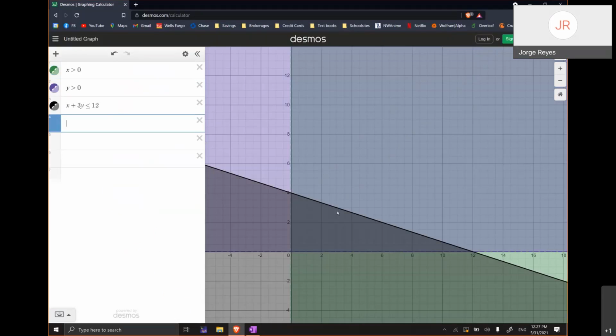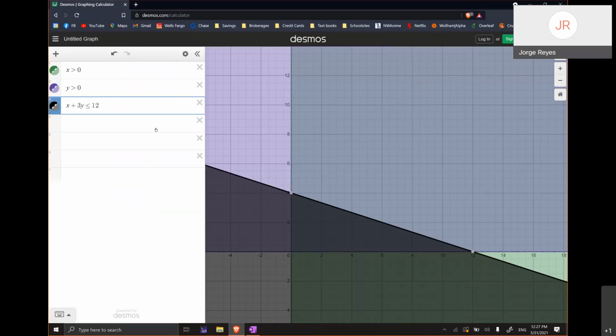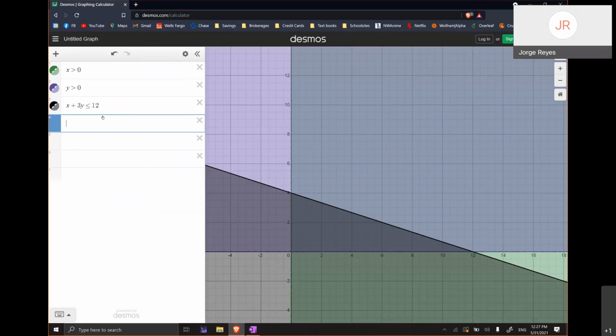Okay, so this is the, okay, can I change? Okay. This is the blue line, unfortunately. So we see we got this lower triangle thing, right? And then let's get the last one in here. So x plus y less than 8.